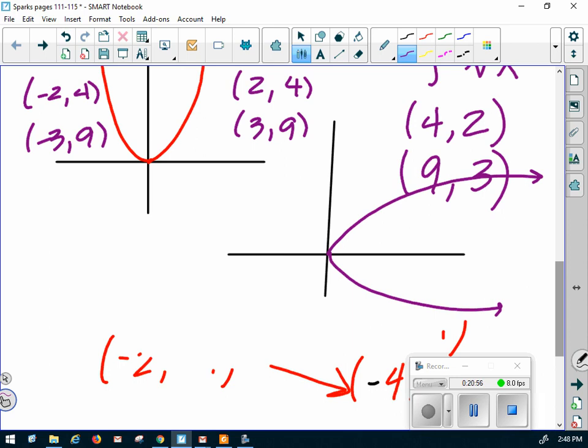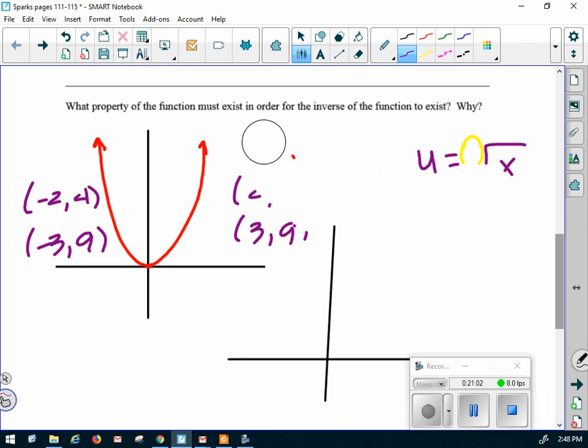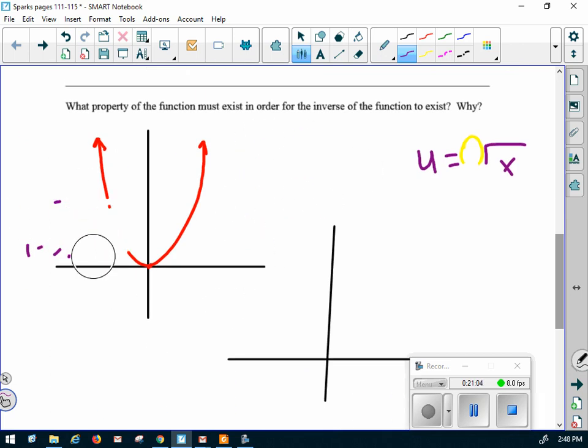So, you are going to be asked questions like, does this graph have an inverse? And what it means is, does it have an inverse that is a function? You're going to say, heck no. Okay?